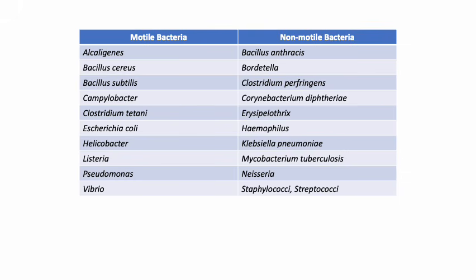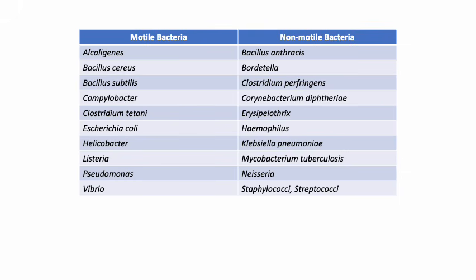Some examples of motile bacteria are those under the Enterobacteriaceae family, like Escherichia coli, Pseudomonas species, and some others. Those that are non-motile are Klebsiella pneumoniae, Bacillus anthracis, and Staphylococcus and Streptococcus species.